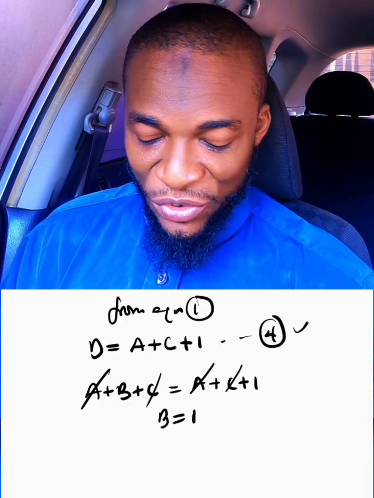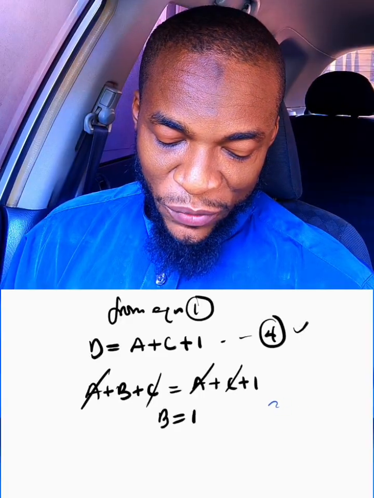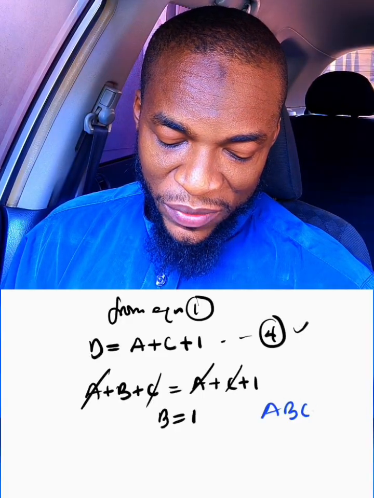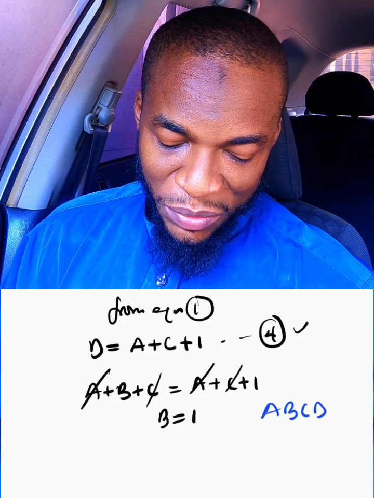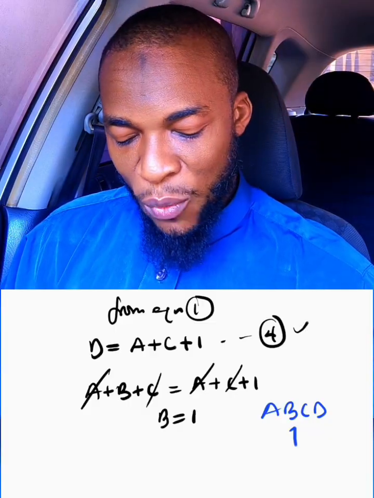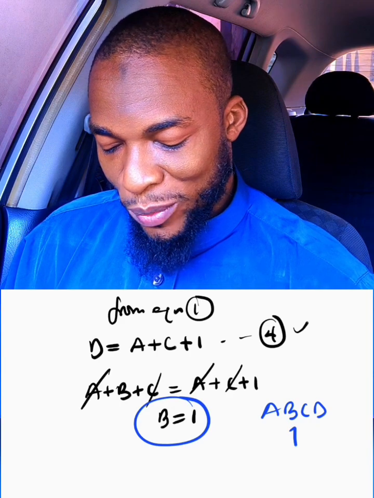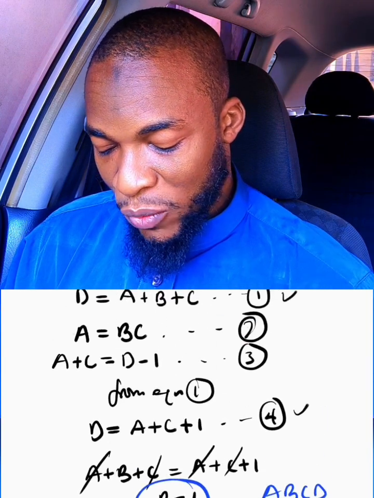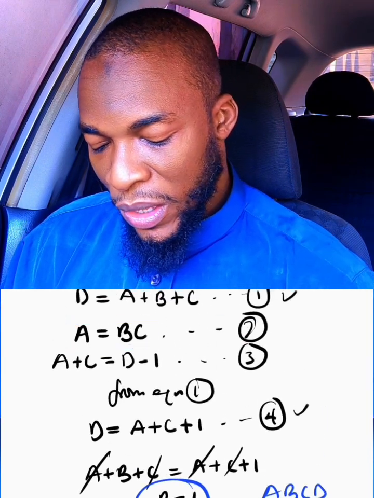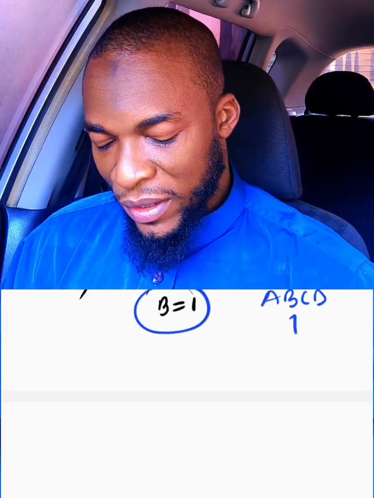So let us start arranging. Remember, our 4-digit number is A, B, C, D. So we have seen that B is 1. Now we need to find A, C, and D. Let's back substitute the value of B into which equation? We can plug it here. A is equal to BC, right?